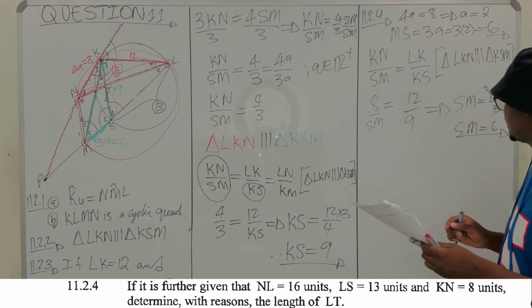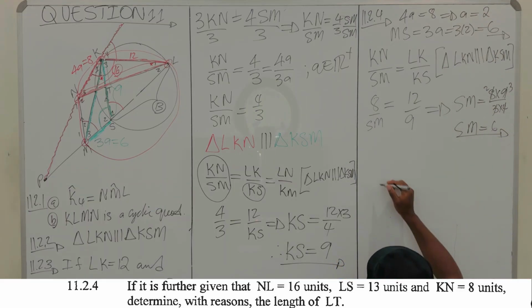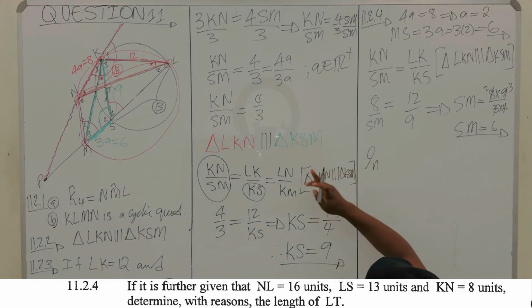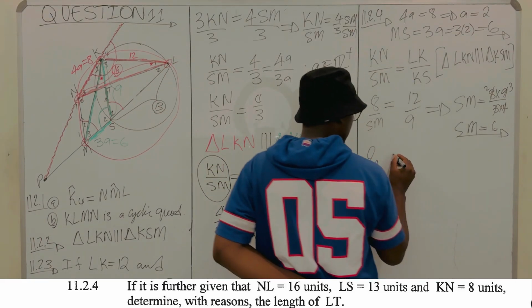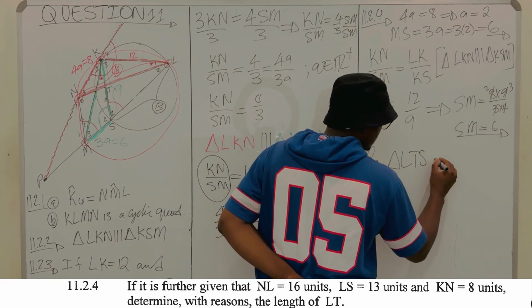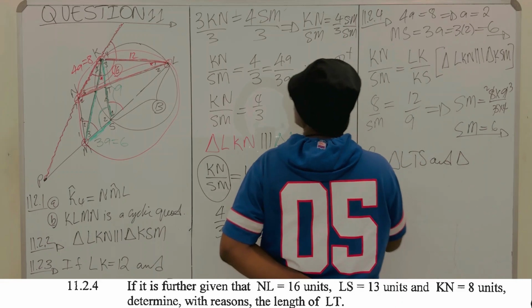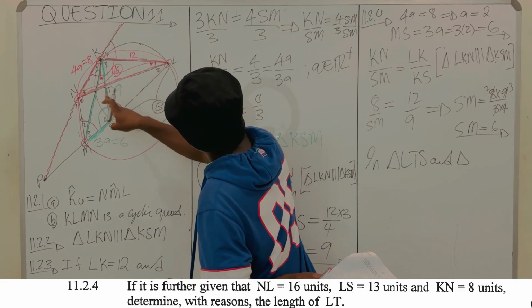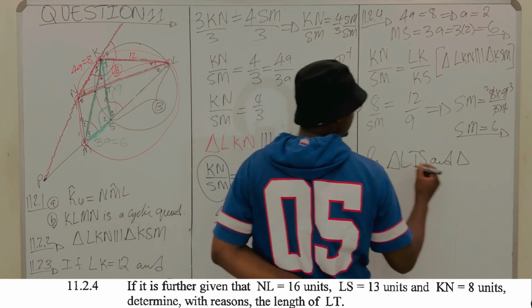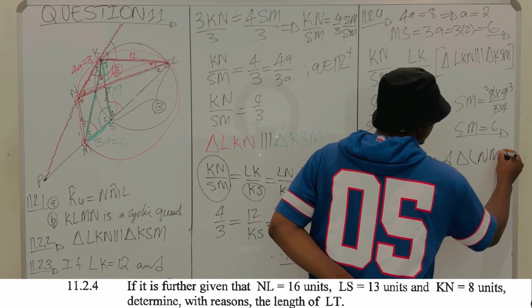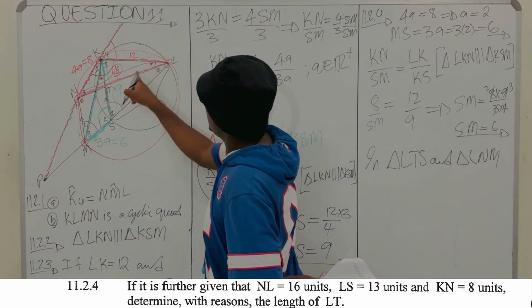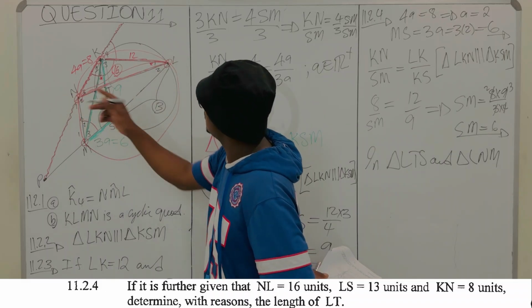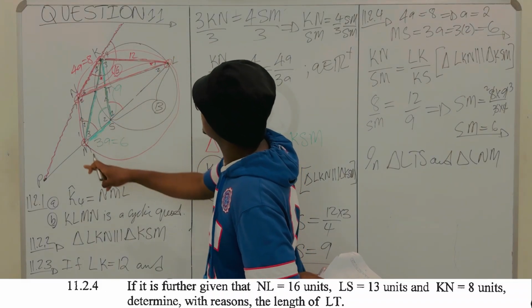So for LT, in triangle LTS and triangle LNM, we can say that LT over the entire side LN should be the same as LS over the entire side.